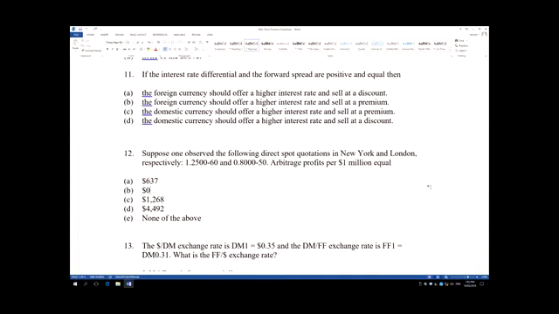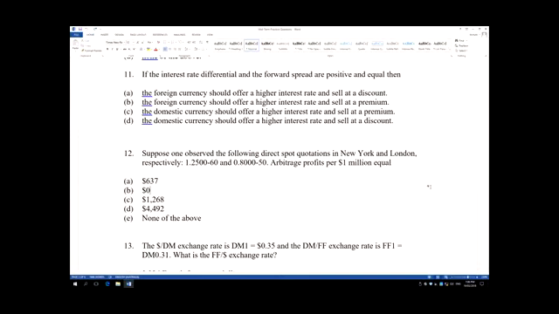Now remember, when you've got a bid and an ask, the bid and the ask rates swap over when you're taking the direct.